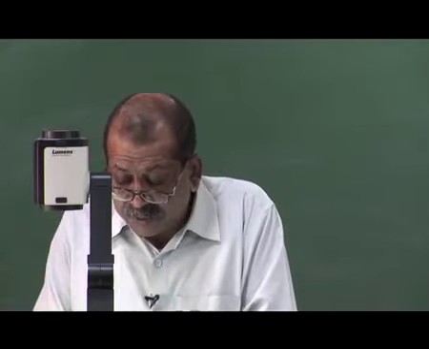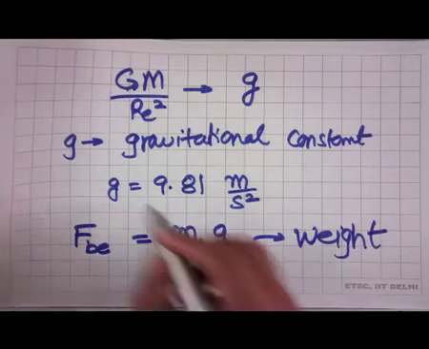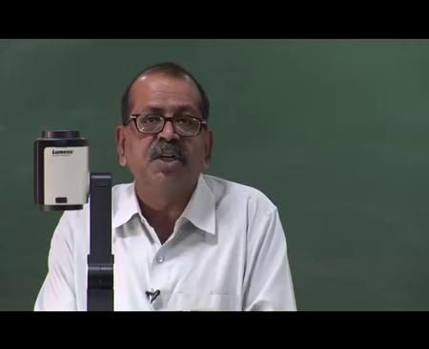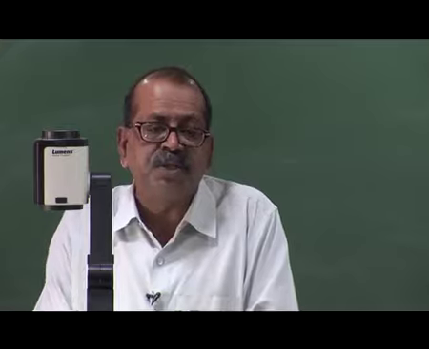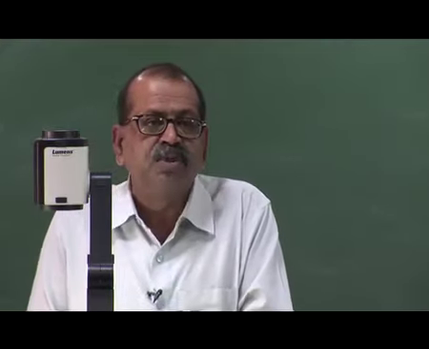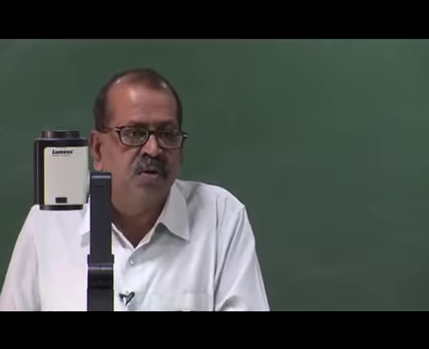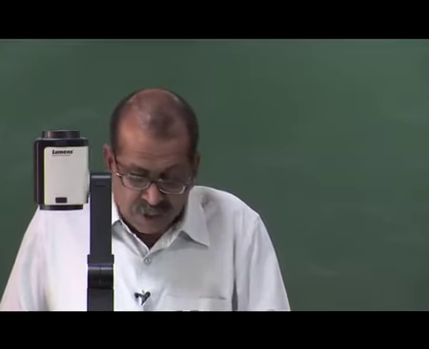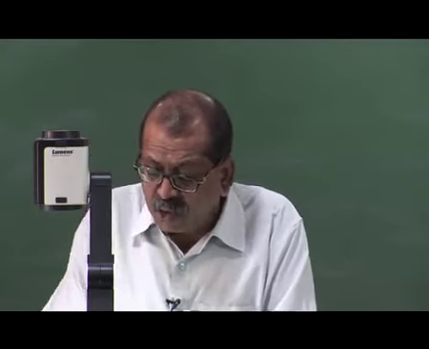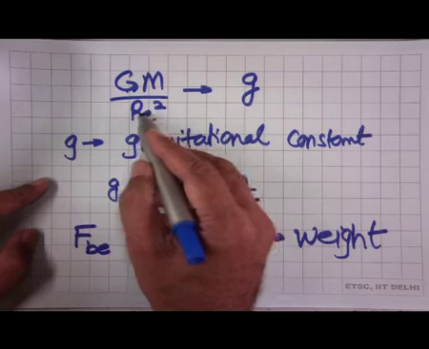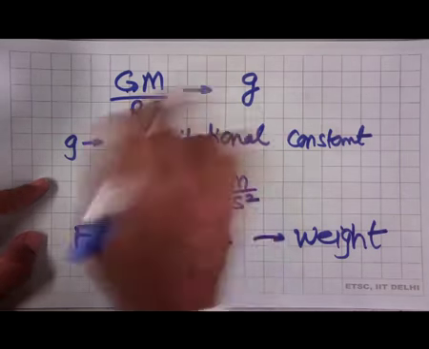Now, for purposes of problem solution, you may be told to take the value of g as 10 meters per second square or 9.8 meters per second square. So, for those sort of assumptions you will have to see what is allowed to you, and you work accordingly. Also, as you move away from the surface of the Earth, R will change and so will this force.